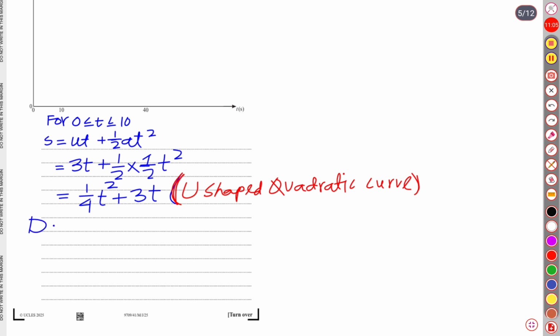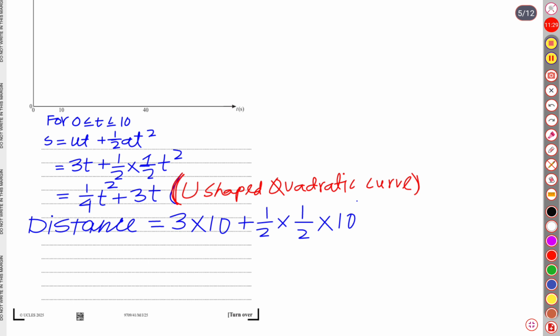Distance is equal to, applying the same concept, initial velocity 3 and time 10 seconds, so 3 into 10 plus half, acceleration also half, and time 10 seconds squared.